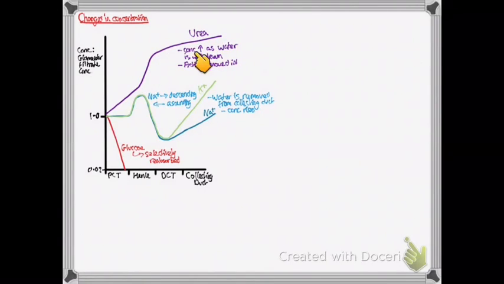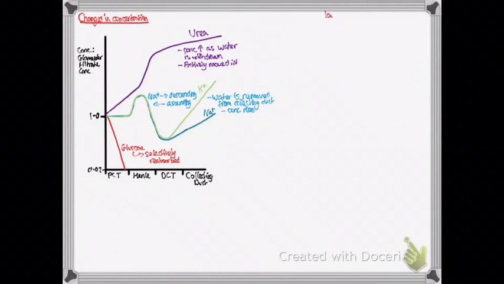The concentration therefore will rise because water has been selectively reabsorbed. And we see active movement of urea into the tubules, okay? Right, so that is all on changes in concentration.